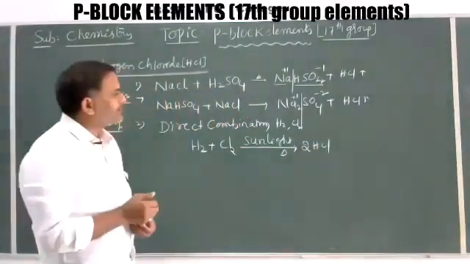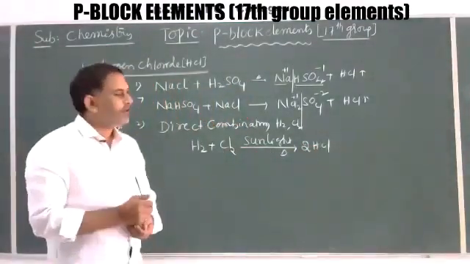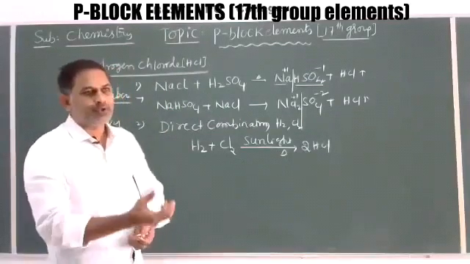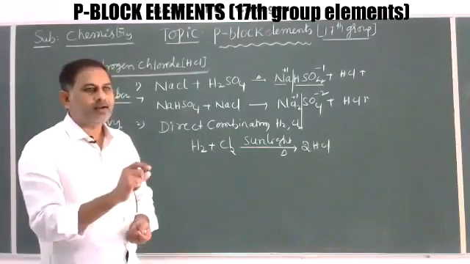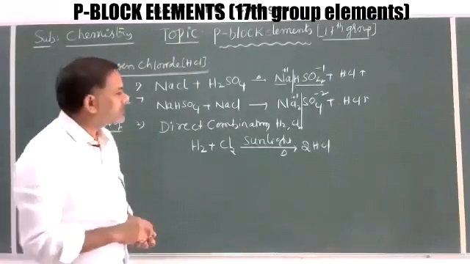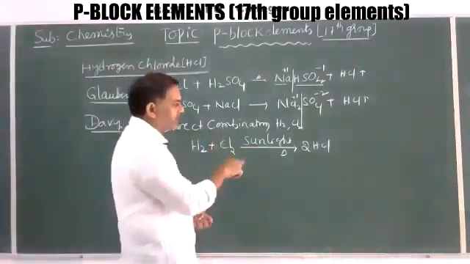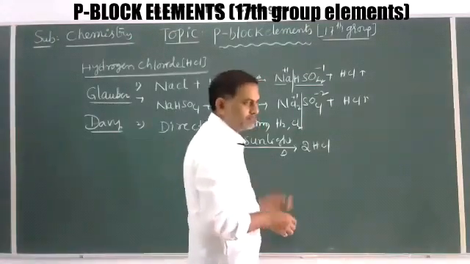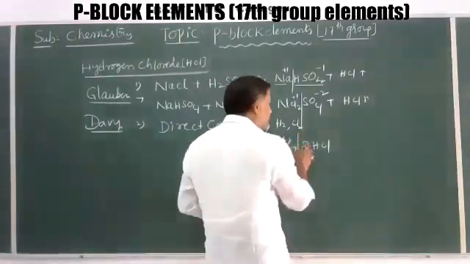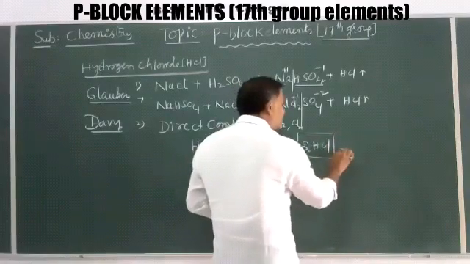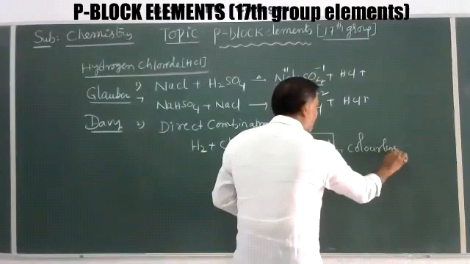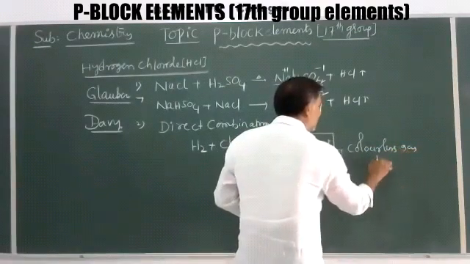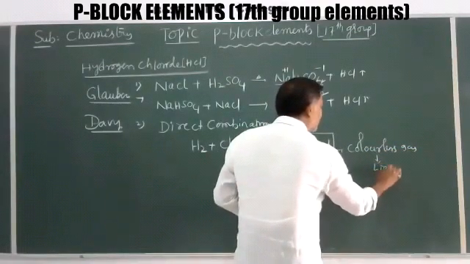Now, the obtained hydrogen chloride in gaseous state, we can condense into liquid and also into solid based on temperature. It is initially a colorless gas that can be converted into a liquid.